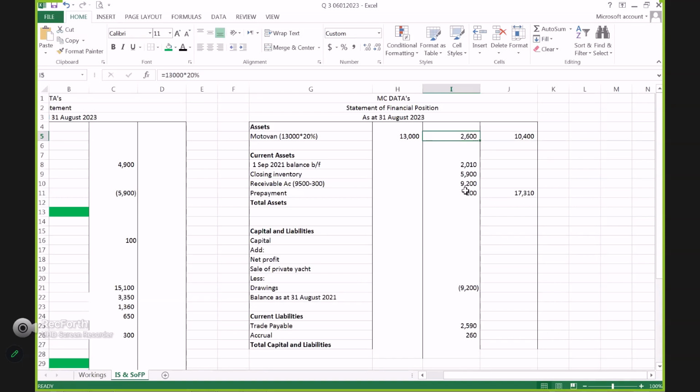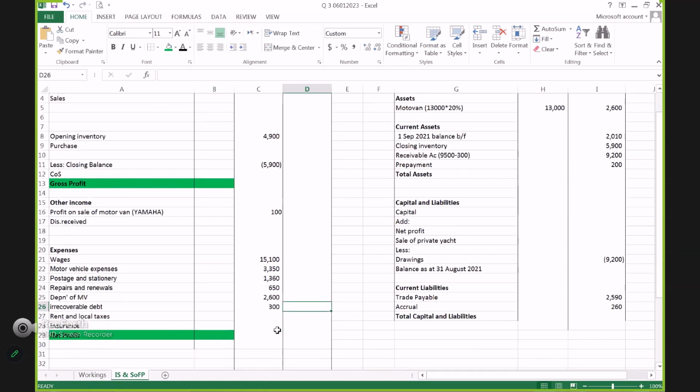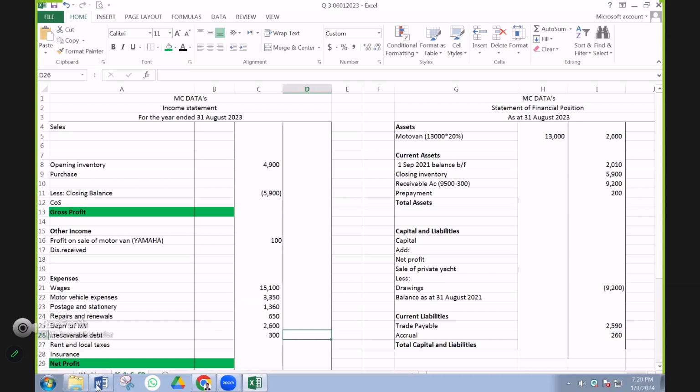This depreciation is an expense under the income statement: motor vehicle depreciation 2,600. Did you understand? Okay. Next one.